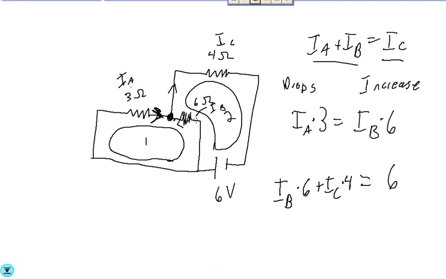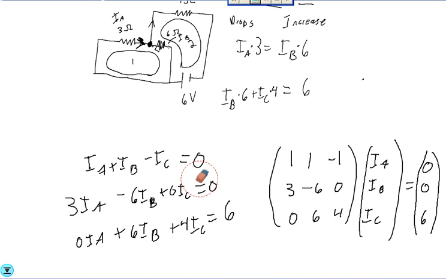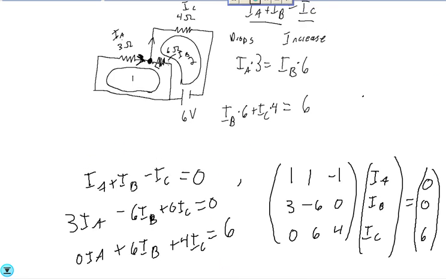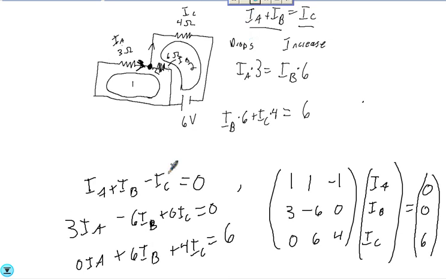So I skipped a couple of steps there because I was working this out, and I just decided to press record here again rather than writing everything out while I'm recording. So let me just talk through. I decided I'm going to use my matrix solving technique. So I need to get all of the variables from each of my 3 equations on one side, so that's why I moved the IC over to the left here, so it equals 0.